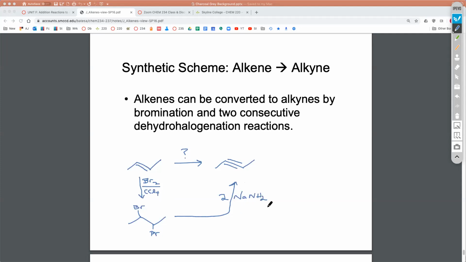The solvent here is not as critical. Often the solvent that we would use here is NH3. But sometimes we'll just use a polar or even non-polar aprotic solvent. And it really depends on the substrate. It really depends on how well you can get the NaNH2 to dissolve in this polar or non-polar aprotic solvent.